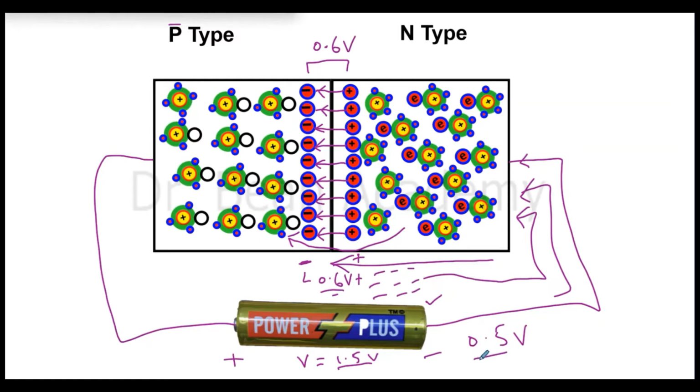The electrons from the negative side of the battery with 0.5 volts will never give a strong enough push to the electrons in this region to cross this barrier and go to the other side of the junction, because when they cross the barrier you will see that current is flowing. Otherwise no, they are just in prison in this region because of this barrier which has been set up as a result of joining these two types. In this mode we say that this PN junction is in forward bias mode.